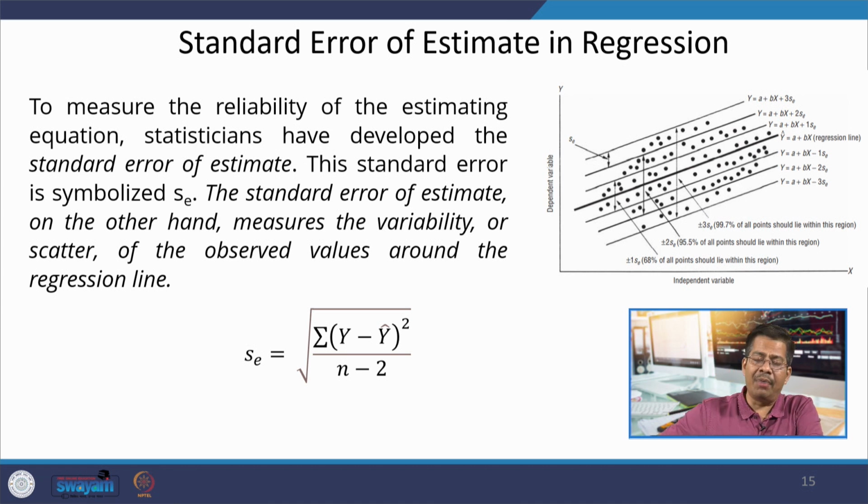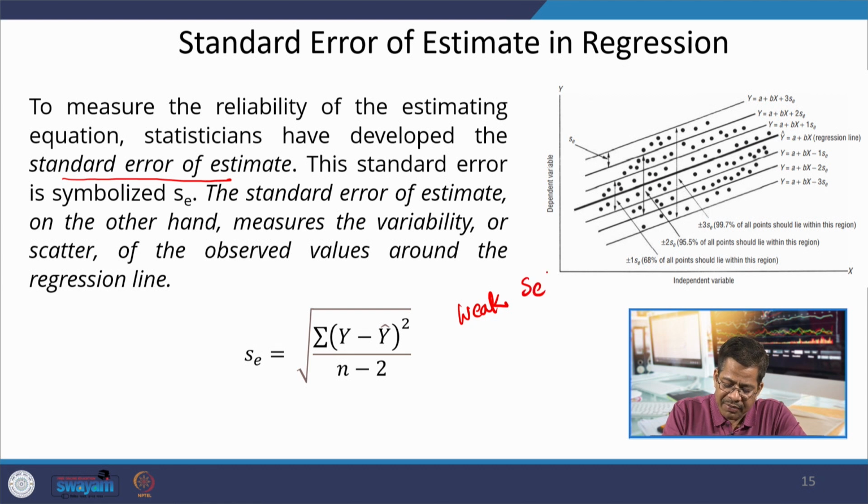The very common error is the standard error of estimation. If you remember, we discussed weak relations and strong relations, and if weak relations are there, SE will be high. Strong relation, SE will be low.